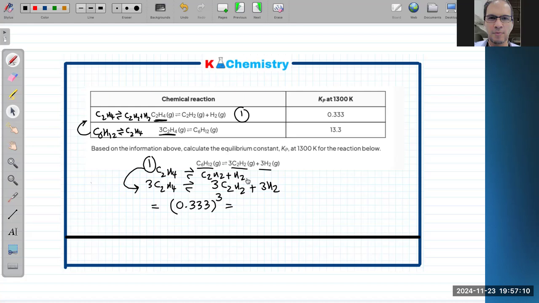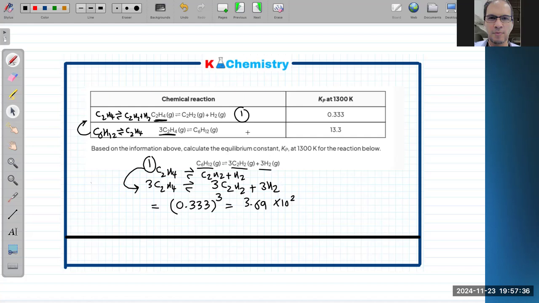That's almost equal to 3.69 multiplied by 10 to the power of 2.